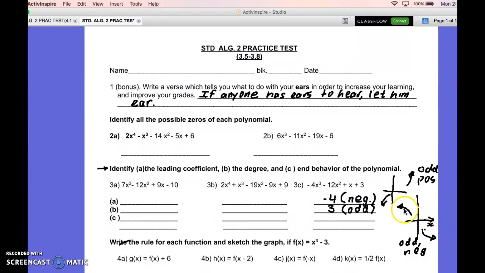So when x becomes large and negative, going like this, track with me, large going this way, then this thing is going to keep going up and up and up. So y is going to be what? Large and positive. And that's what's called approaching positive infinity.